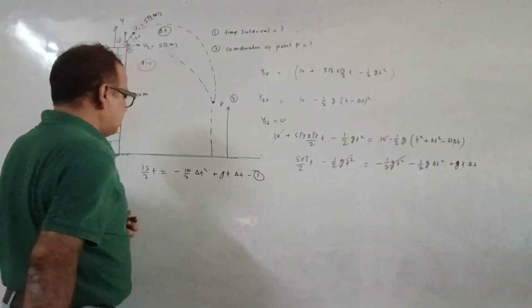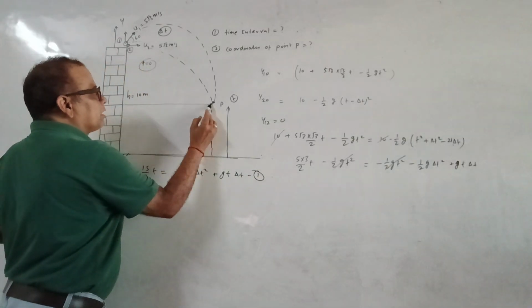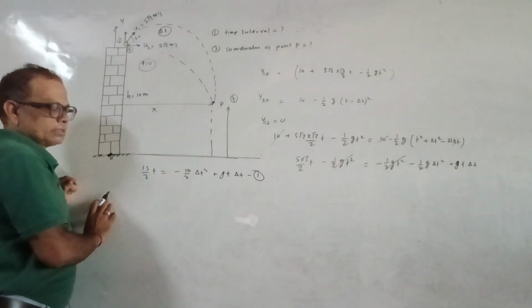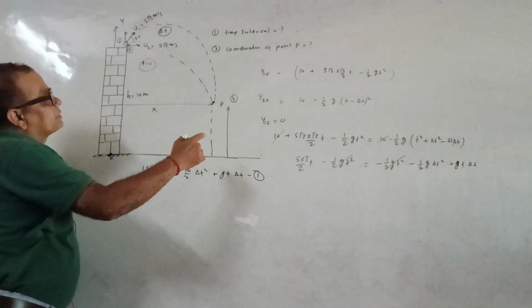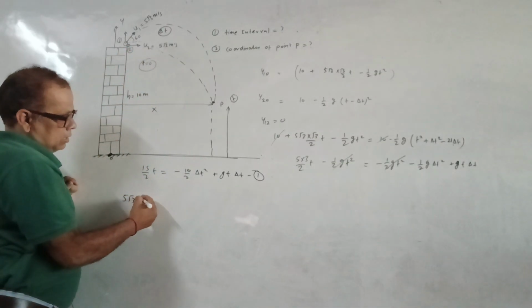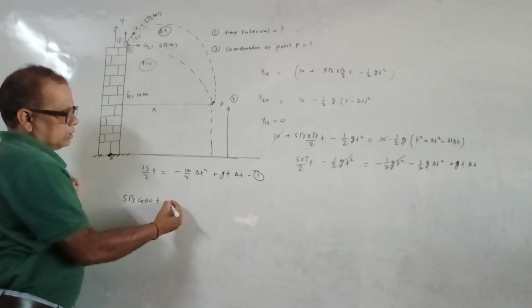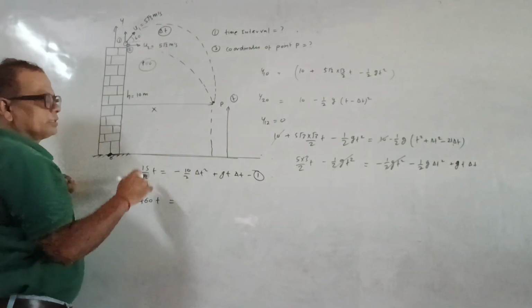Taking this as equation 1. When they collide, they will travel the same horizontal distance. Suppose the horizontal distance traveled is x. So displacement of the first particle along the x-axis will be 5 root 3 cos 60 t, and this would be equal to the displacement of the second particle along the x-axis.